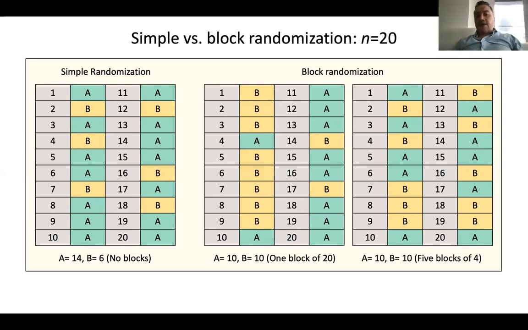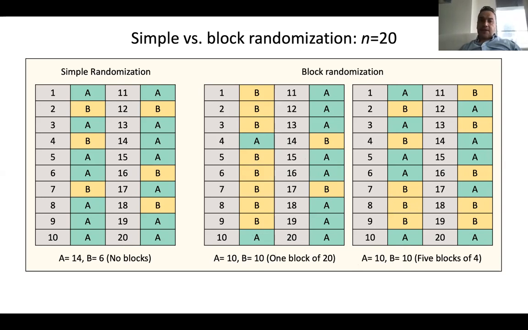Yes. And the other thing I forgot to mention is that it depends on the size of your study, because I'm talking here about 20 participants, but imagine that you have 200 or 2,000 participants. So the blocks are not necessary anymore, really, because the effect of chance is much less. It is less common to see this problem in a clinical trial involving 200 patients because of the effect of chance.